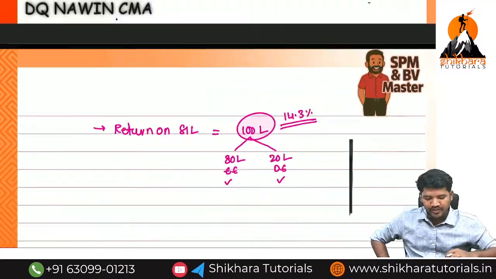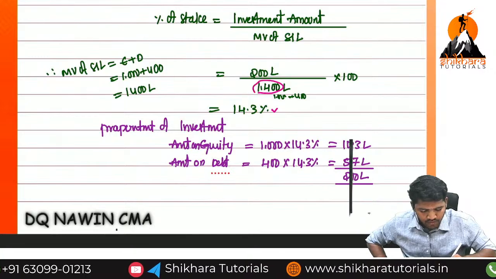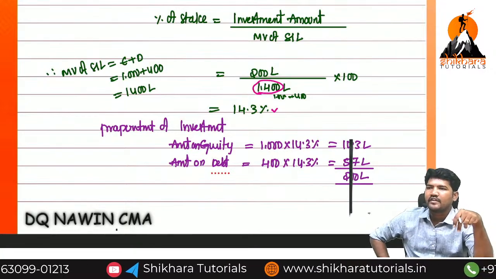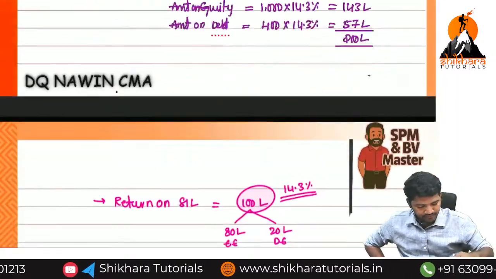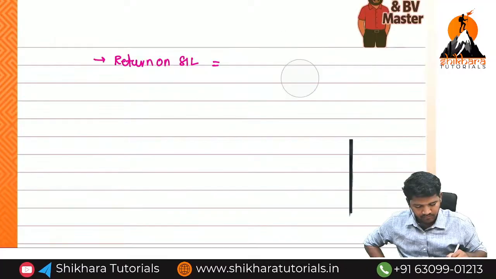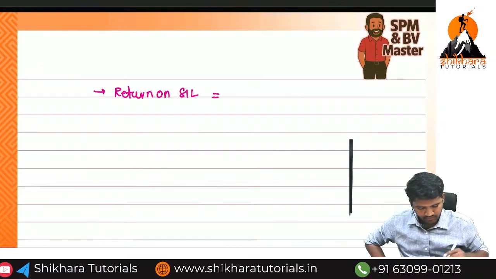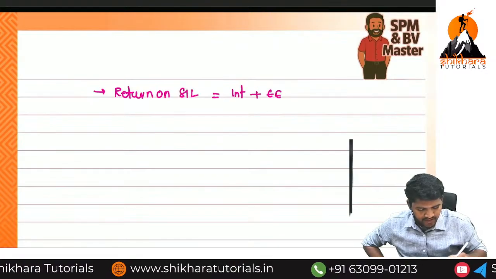You can go and check. This 14.3 is calculated on only 1000 or on 1400? 1400 means what? Equity plus debt. Are you clear, sir? Now see. First, I will receive interest plus equity earnings.